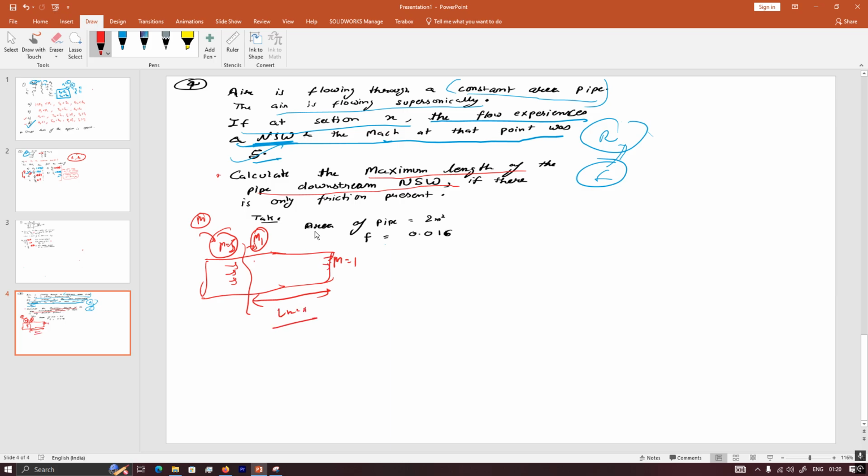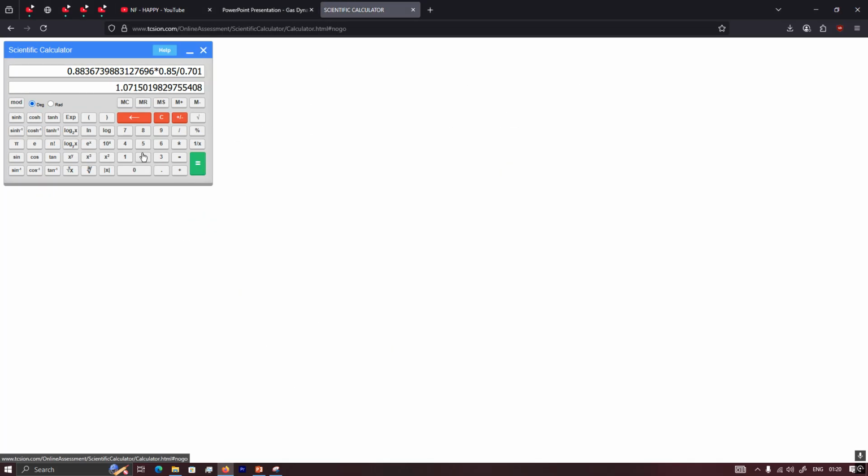First let's calculate the M1. So M1 square equals 1 plus gamma minus 1 by 2 M square, upon gamma M square minus gamma minus 1 by 2. This M is your 5. So 1 plus 0.2 into 25, divided by 25 into 1.4 minus 0.2.